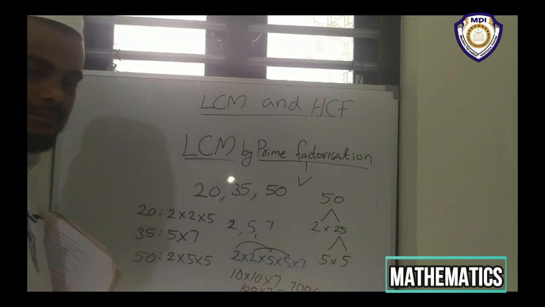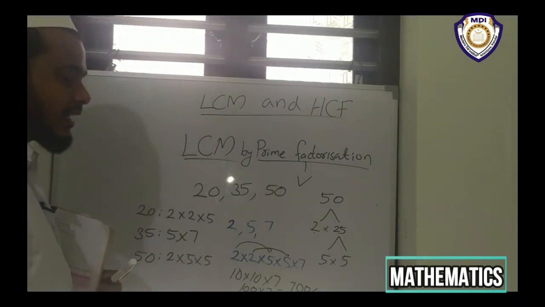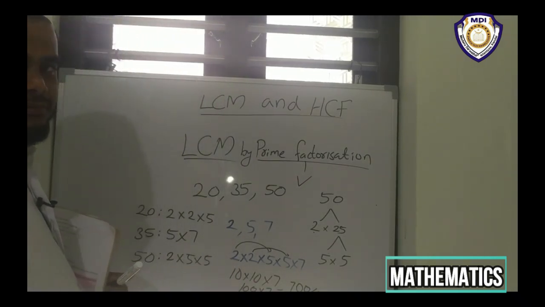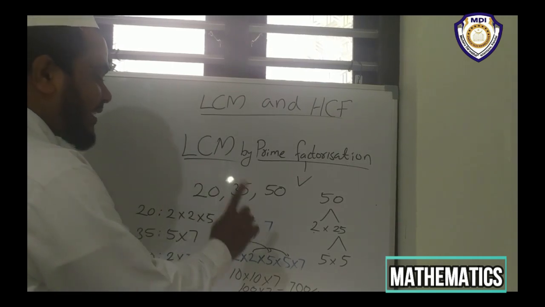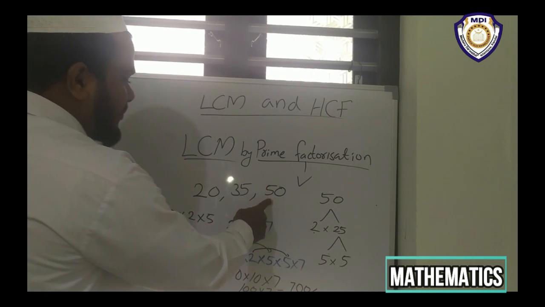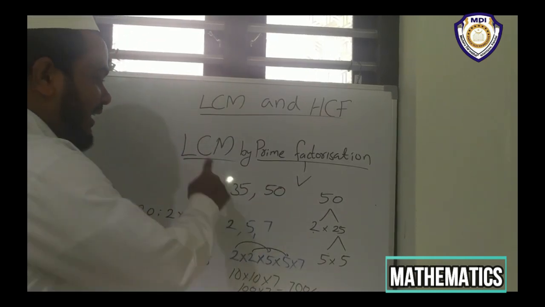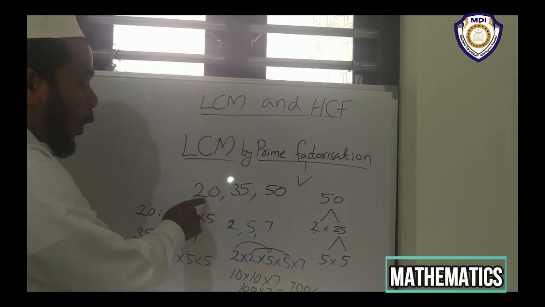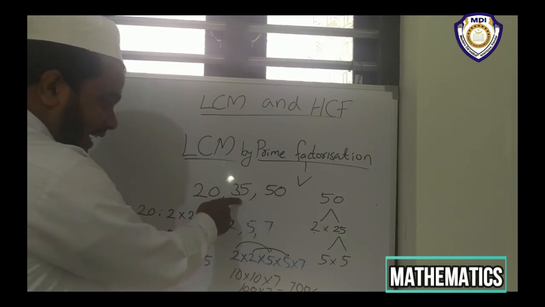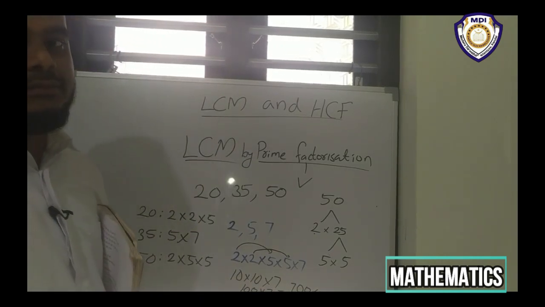Very simple. The answer is 700. The LCM of 20, 35, 50 is 700. Least common multiple of 20, 35 and 50 is 700.